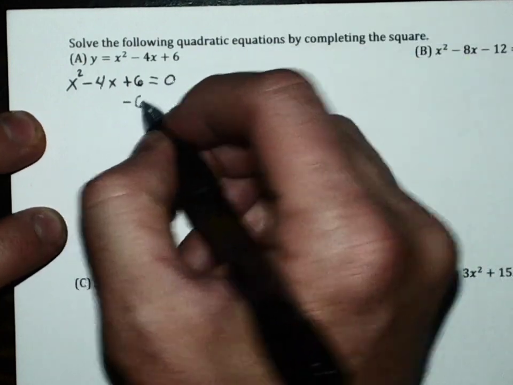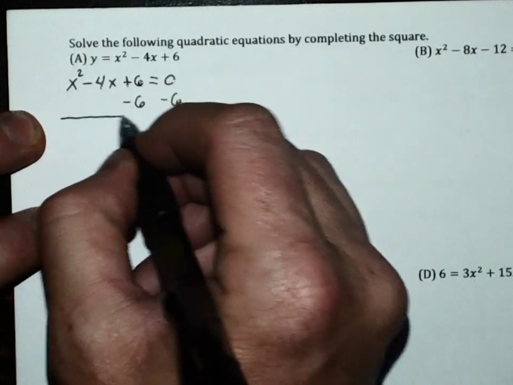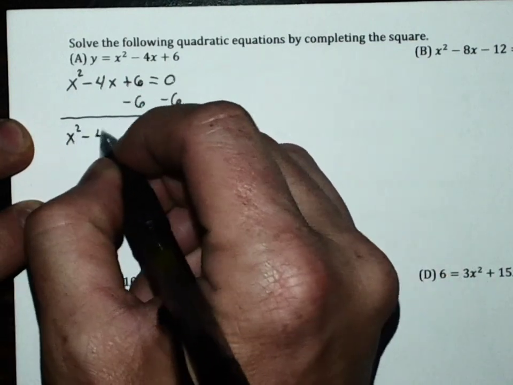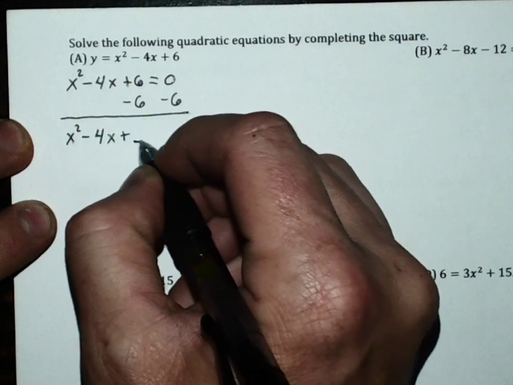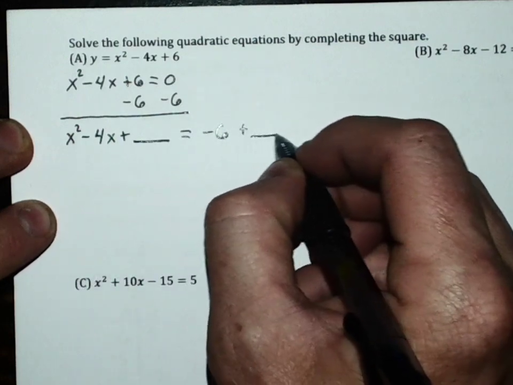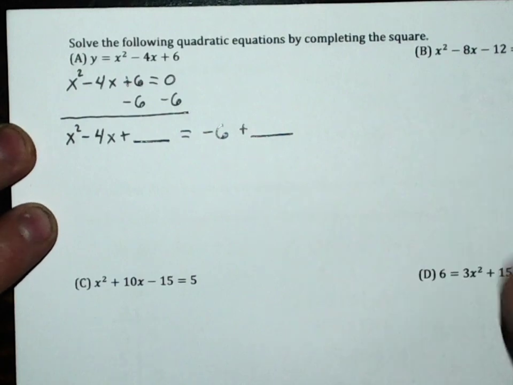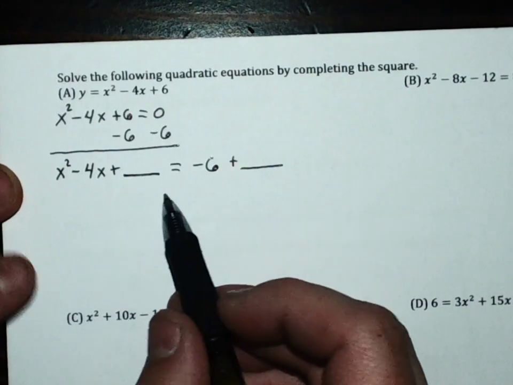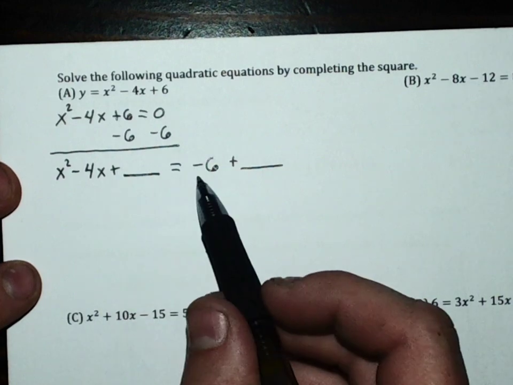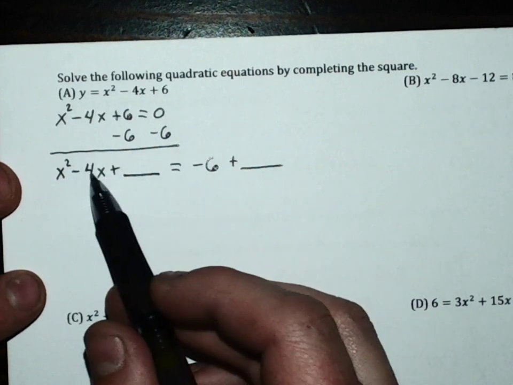You subtract your constant to the right-hand side. When you do that, you add a blank to both sides of the equation. What gets placed inside of this blank is going to be the thing that completes the square. How do I complete the square?